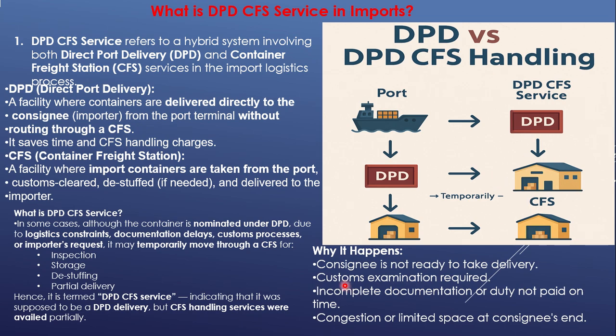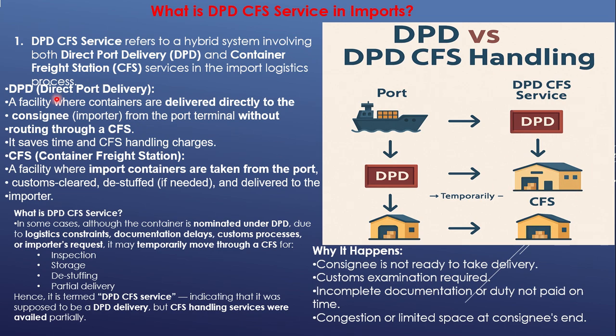Then there is another reason: duty not paid on time. If you as an importer have not paid the duty, then goods cannot be cleared from the CFS. Then congestion or limited space at the consignee end. If the importer's factory does not have space to store the goods in its warehouse, then the goods need to be kept in the CFS.